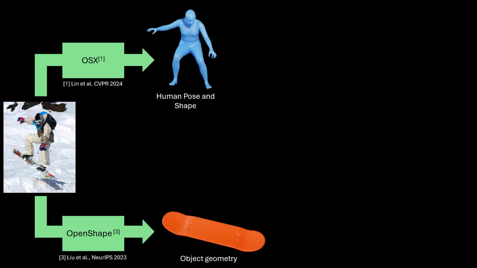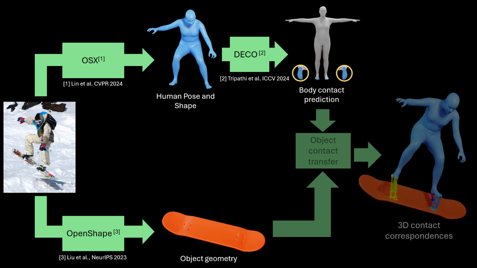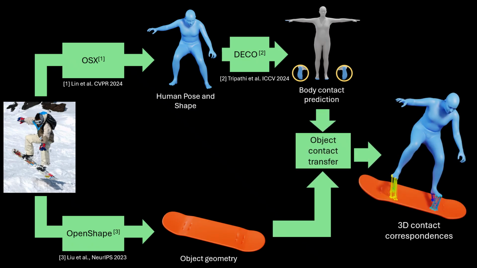We first initialize 3D body pose and shape via the off-the-shelf OSX model, and the object shape via the OpenShape-based database retrieval from Objaverse. Next, given an unlabeled image, we automatically infer 3D body contacts using DECO. Based on these, we retrieve from PICO-DB the nearest neighbor body contacts and the respective object shape, object contact, and body-object contact correspondences.